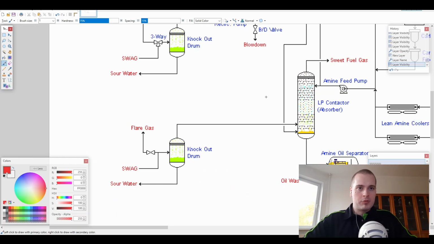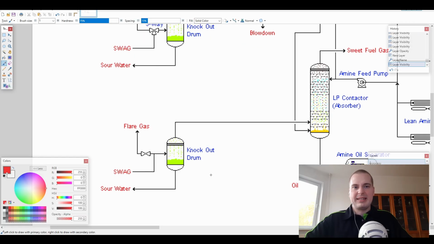The low pressure absorption system is very, very similar, except it's missing the wash water column for some reason. When they designed the plant, I don't know the reason they decided not to have it, but they don't have it for the low pressure system. It's exactly the same situation minus the wash water column. We have the swag entering.